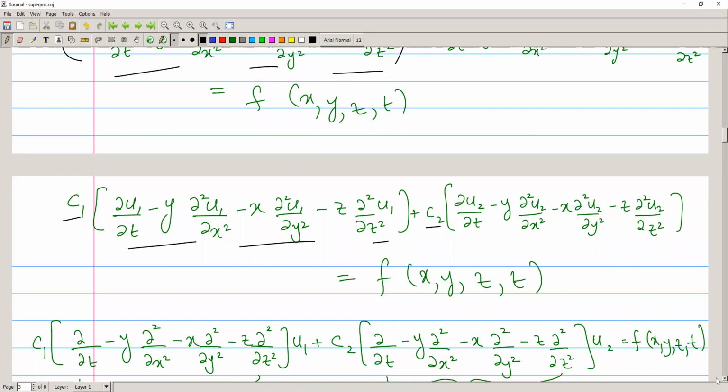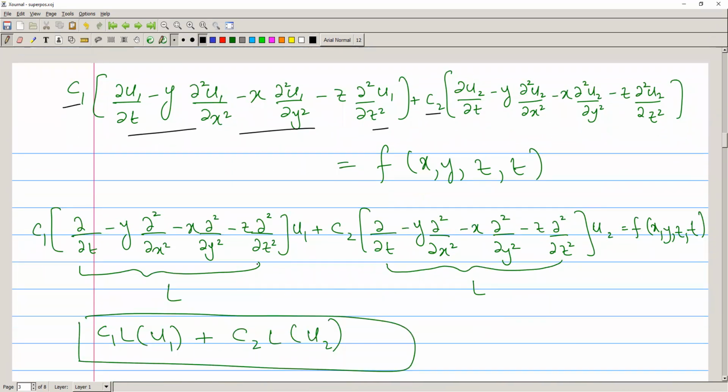Now we'll write it in this way: C1 times L of U1, right? We'll keep the operators inside. These are the operators, that is L times U1. Then these are the operators times U2.